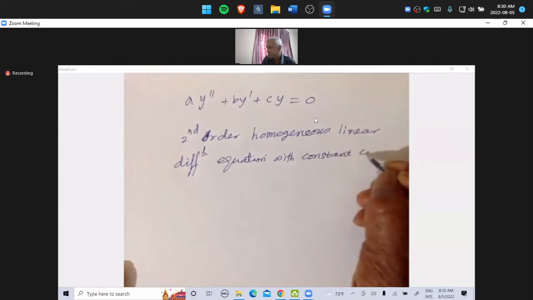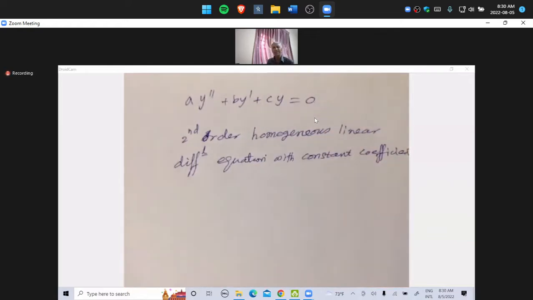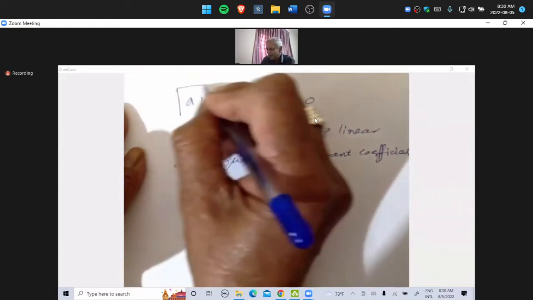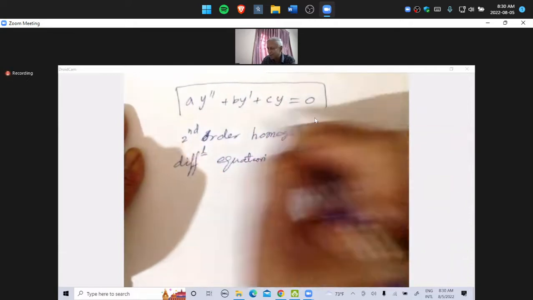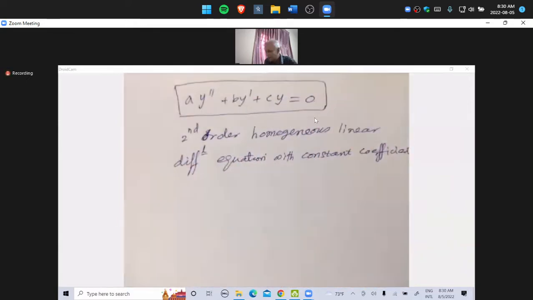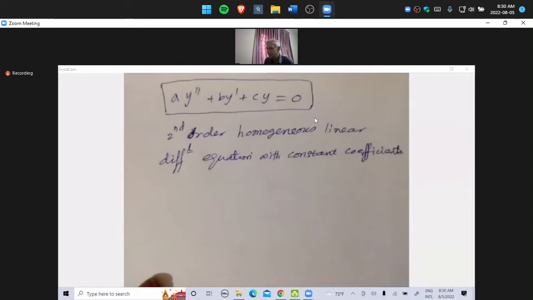So many words are used to classify the equation, but when you see examples, we just did two such examples this morning. Second order linear differential equation with constant coefficients.